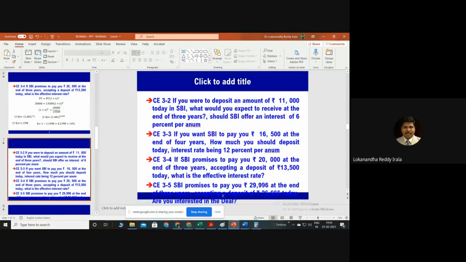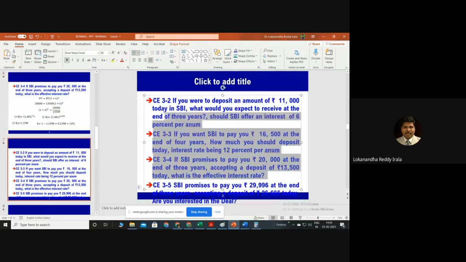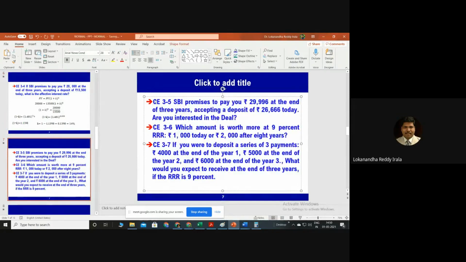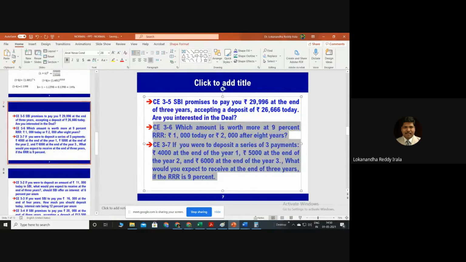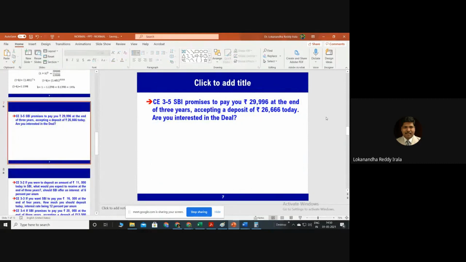So now if you've done this, here is a question for you. Now look at this. SBI promises to pay you 29,996 at the end of 3 years, by accepting a deposit of 26,666 today.